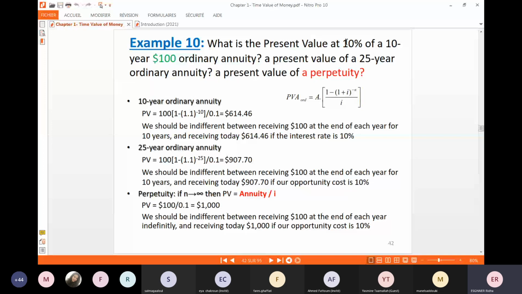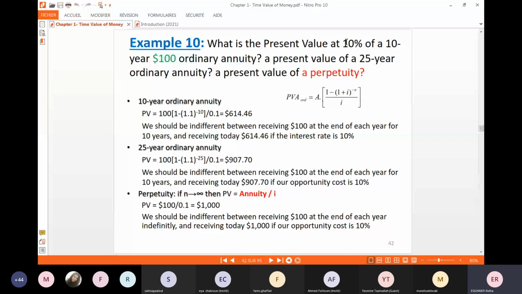It means that the $100 that we expect to earn forever, with the first 100 received one year from now, if our required rate of return is 10%, is equal to $1,000. We should be indifferent between receiving $1,000 today or receiving $100 at the end of each year forever if the interest rate is 10% annually.